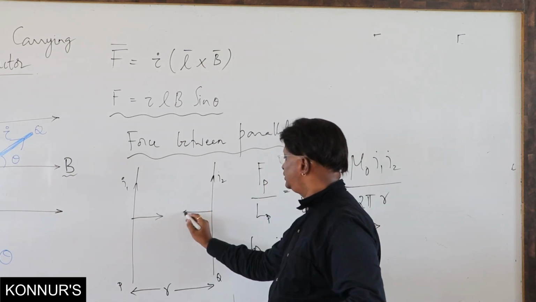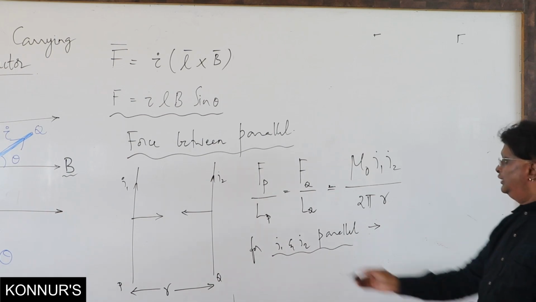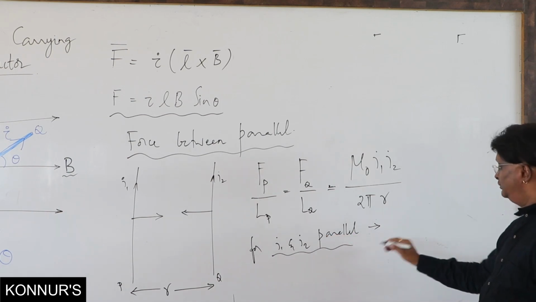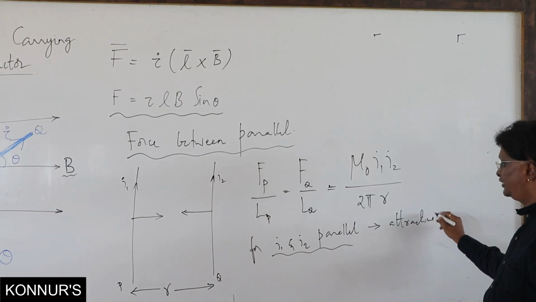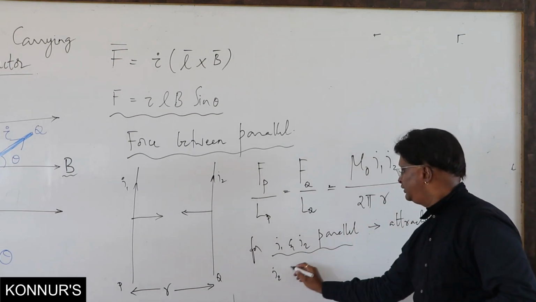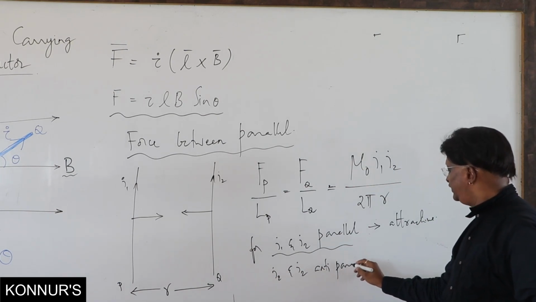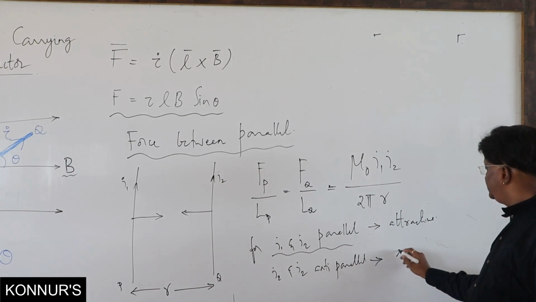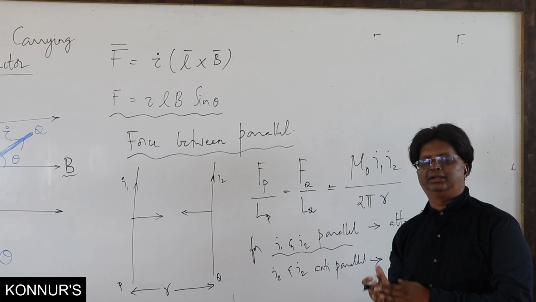So it is like P and Q attract each other. Apparently it appears. So I1 and I2 parallel means attractive force. Now I1 and I2 anti-parallel, yes, that will be the case of repulsion. P and Q repel each other will be the case.